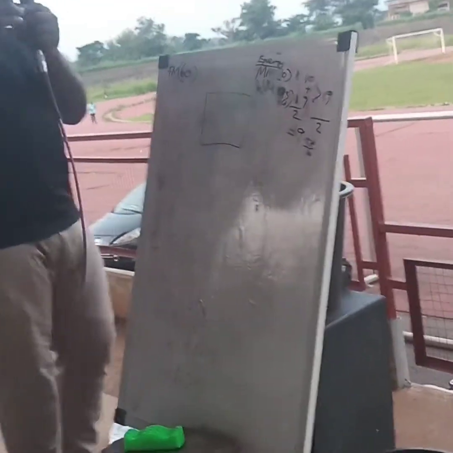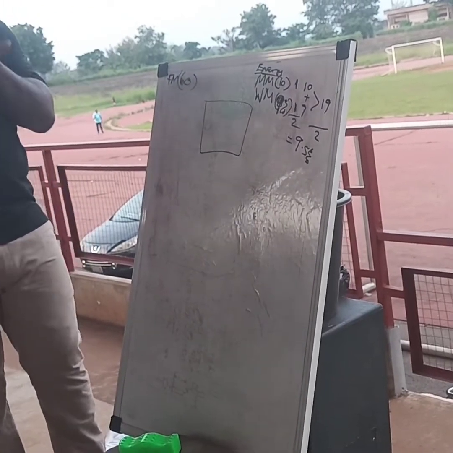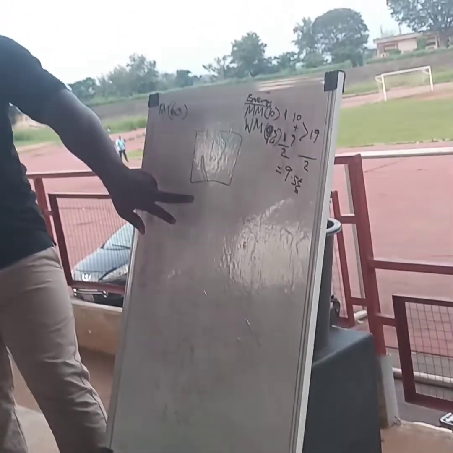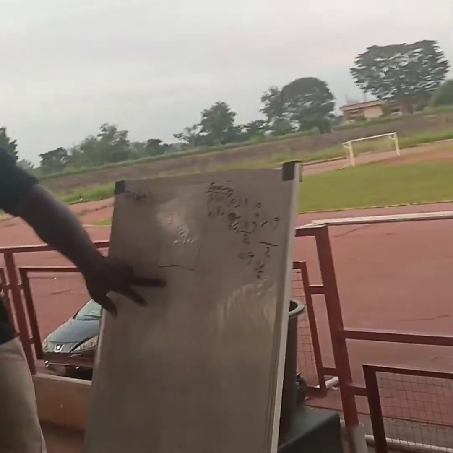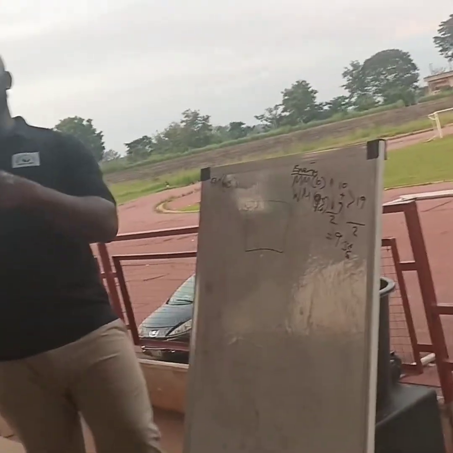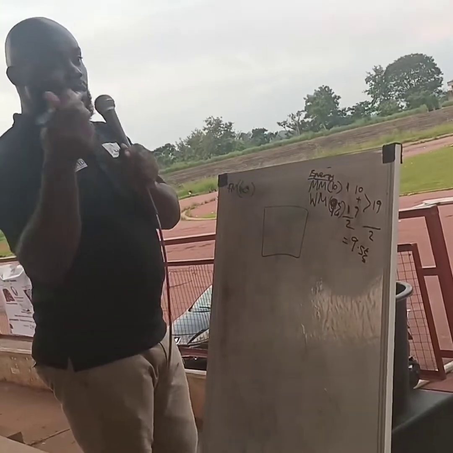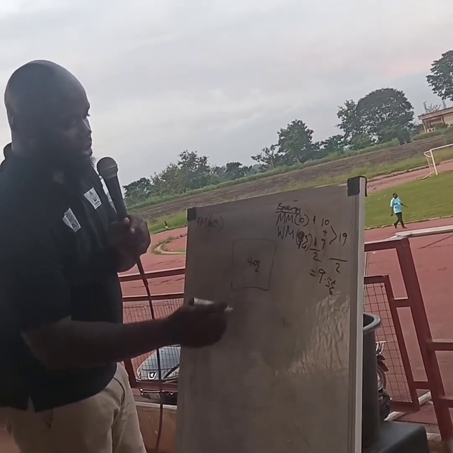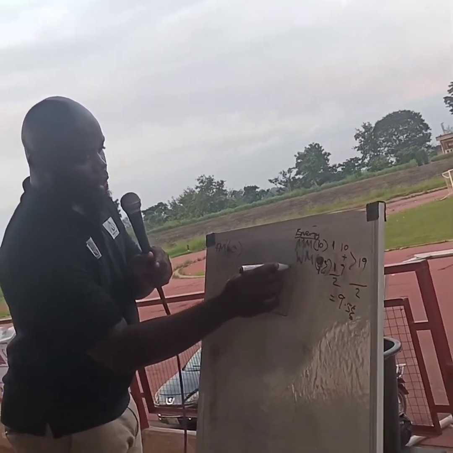So you are producing fish feed now, and let's say that we want to produce fish feed for growers, 40% protein. You draw your arrow.